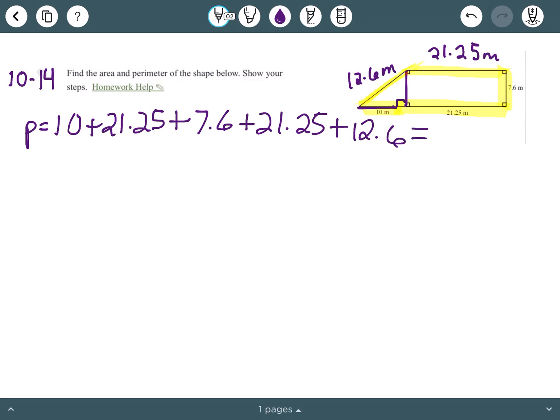All right, I need to put that into my calculator, so give me just a second. 10 plus 21.25 plus 7.6 plus 21.25 plus 12.6 is going to be approximately 72.7 meters.